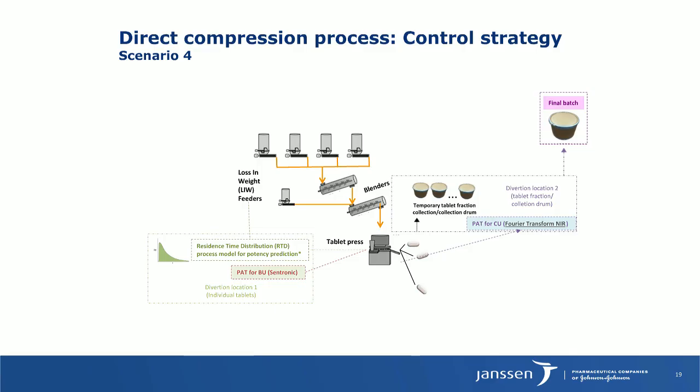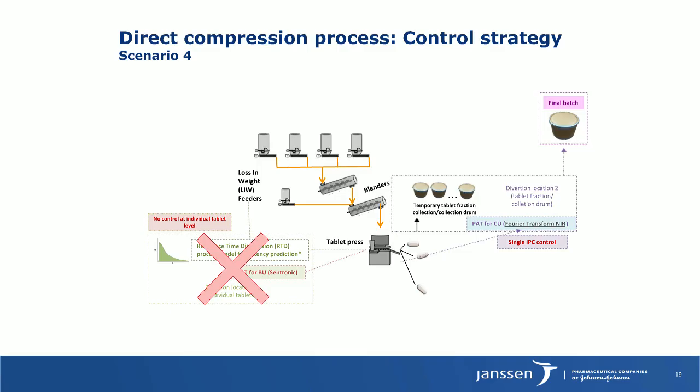Let's switch to the fourth scenario, which becomes a little bit different. In the case that we don't have any control tools that can already remove tablets at the end of the tablet press, then it's very important. Then your PAT-CU tool is actually your in-process control tool. It has to replace the RTD and the PAT-BU.